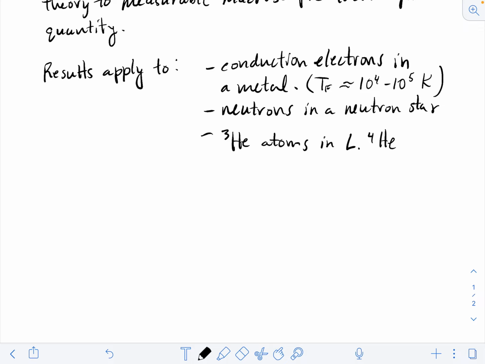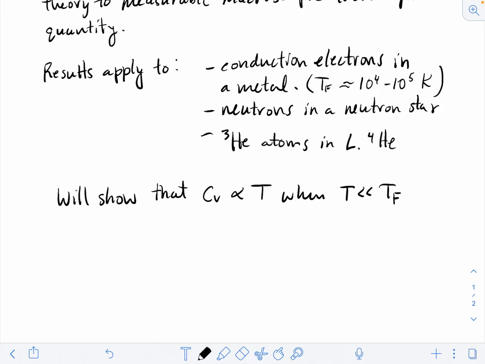So the result that we will get, the punchline, is that we will show that the specific heat or heat capacity of our identical fermion system is going to be proportional to T when T is much less than the Fermi temperature.